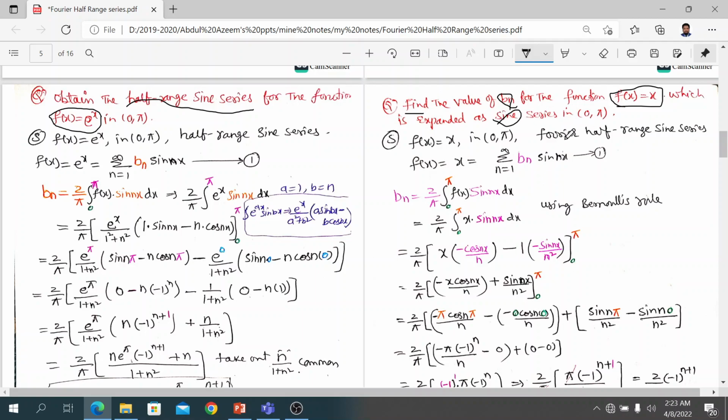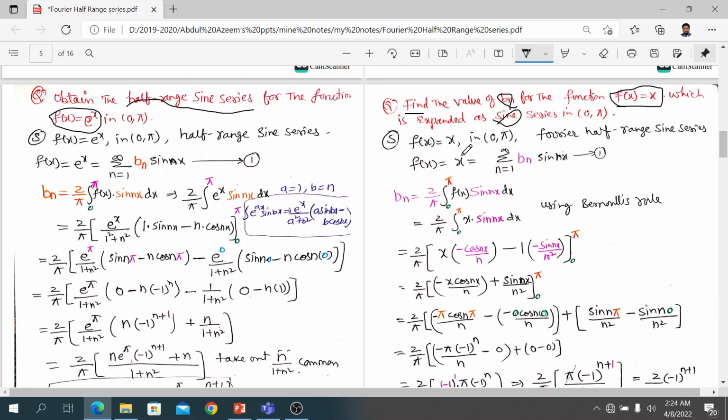So here the function f of x equal to x is equal to sigma n equal to 1 to infinity bn sin nx. First we are going to find the value of bn. So bn is equal to 2 by pi integration 0 to pi f of x sin nx dx.